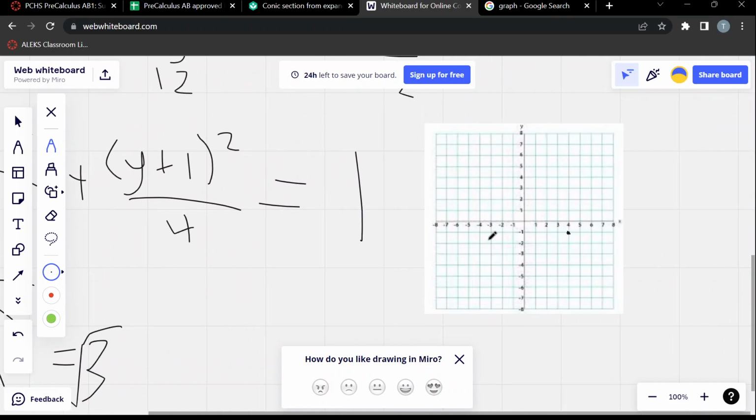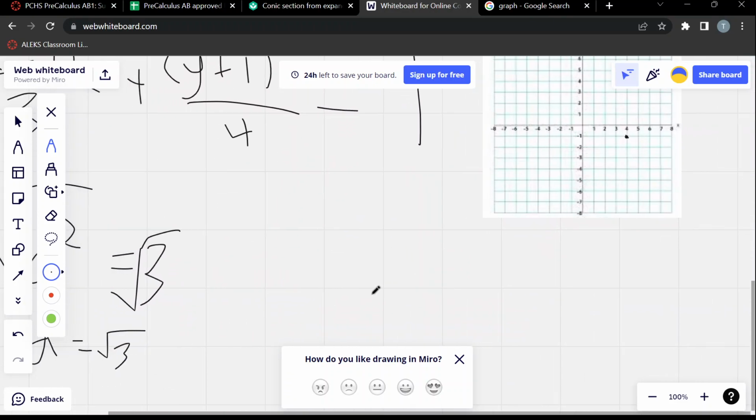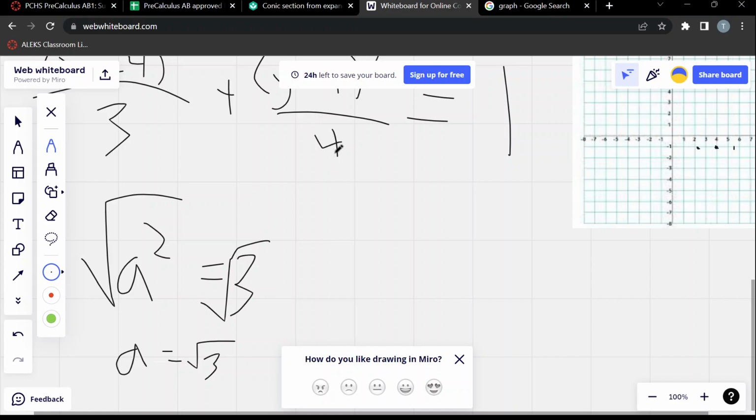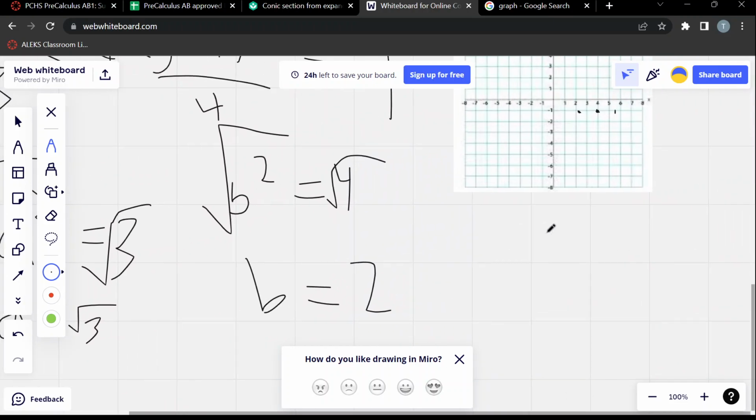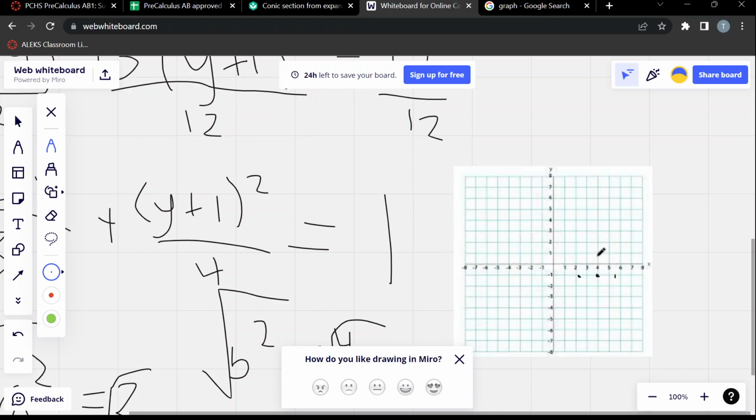So we know that in the x direction it goes square root 3 in both directions. Square root 3 is a little less than 2, so on the graph we go a little less than 2 away on each side. And we can do the same thing for the 4, which is b squared. b squared equals 4. We can square root both sides, and b equals square root 4, which is 2. So now in the up direction it goes 2 as well.